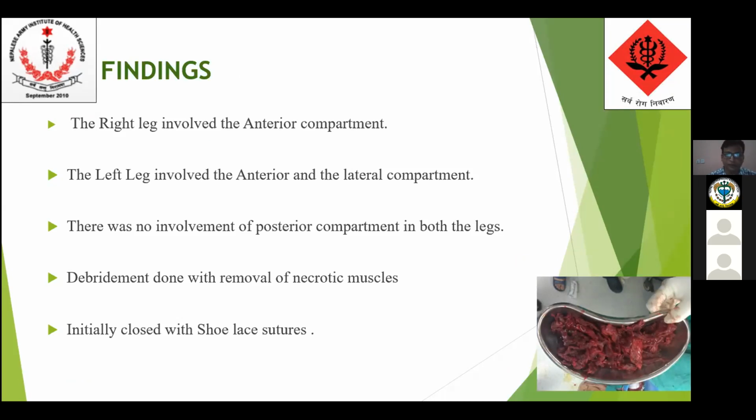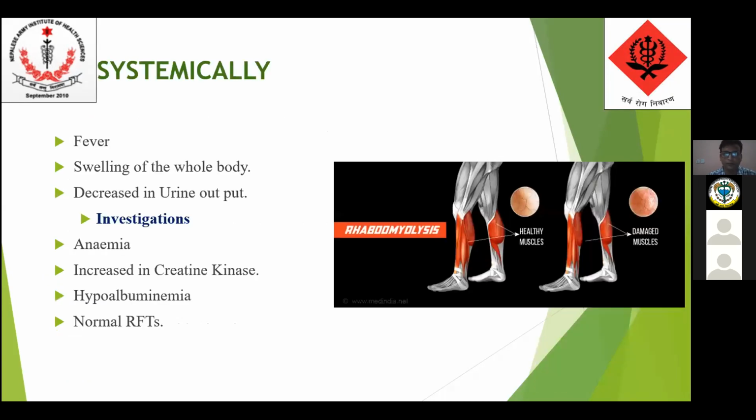After the admission, the patient was also systemically unstable for certain days, as there was fever from the second day of admission, swelling of the whole body, and initially a decrease in urine output.